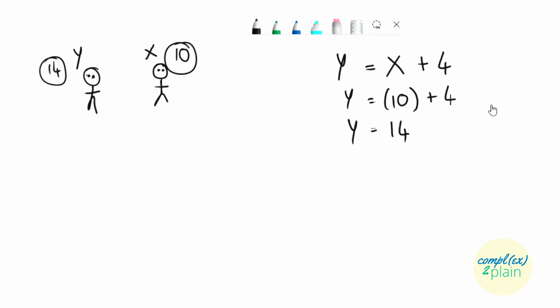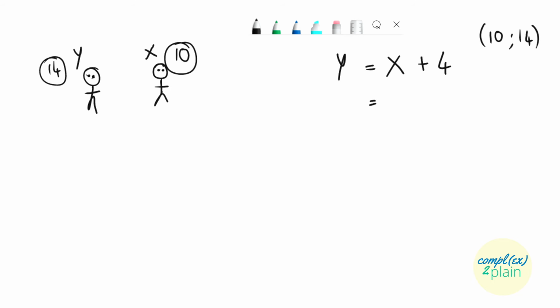Okay, so do you see we can use this equation then to figure out your ages at any stage of life. So we can say, okay, we've already got one coordinate pair actually. We've got 10 and 14. Let's say, how old are you going to be when your sister is 23? So we substitute 23 there for her age, with the X. The X and the Y act like placeholders in this equation.